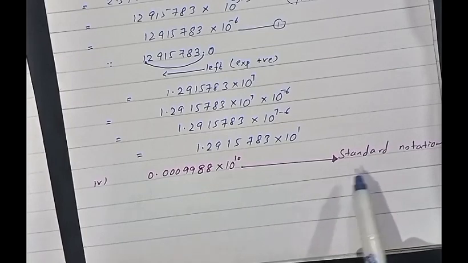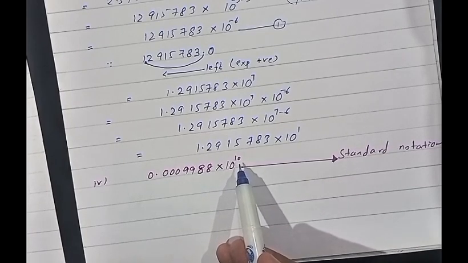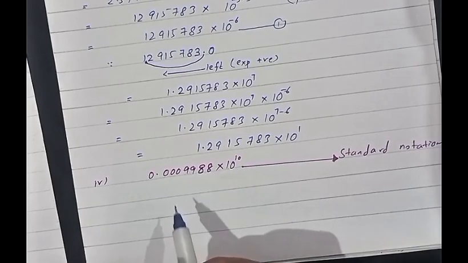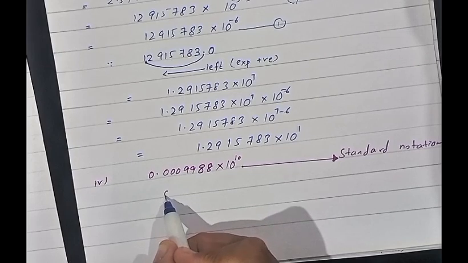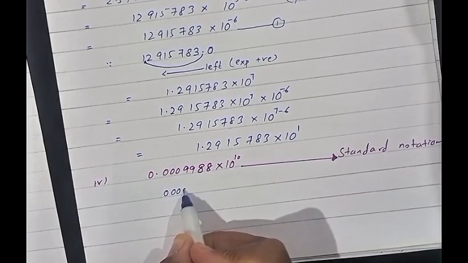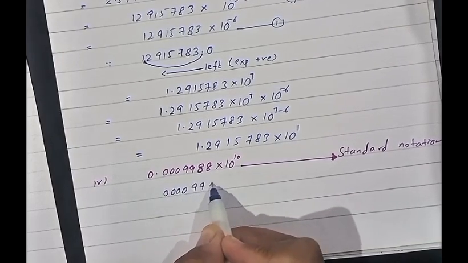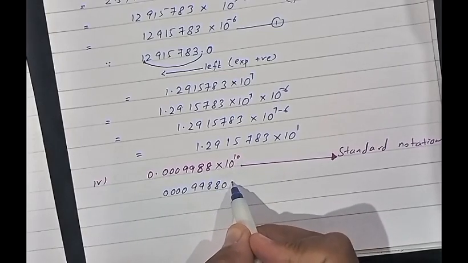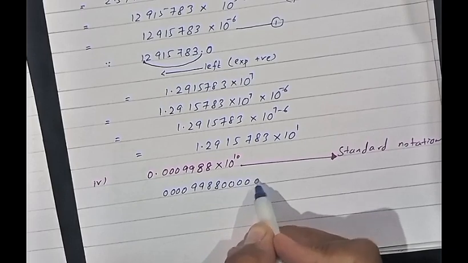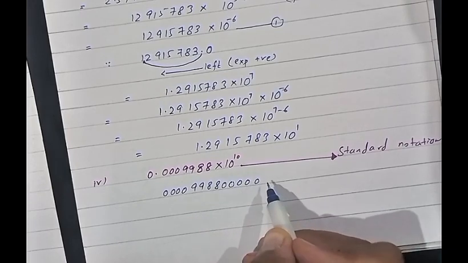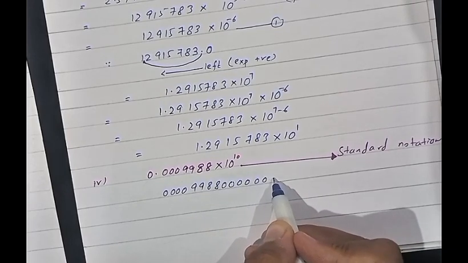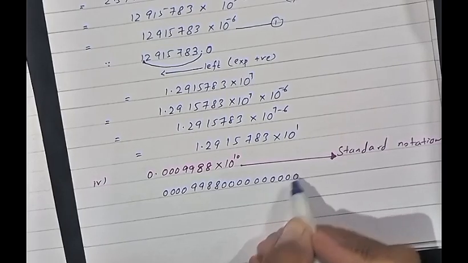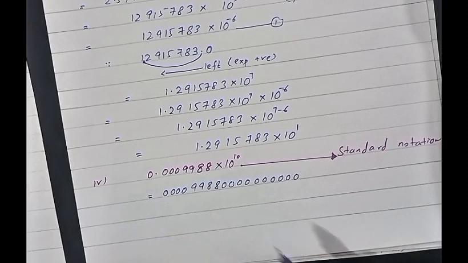In question number 4, there is a number given in scientific notation and we have to convert it into standard notation. As we know that the exponent is positive, we add zeros to the right side of the number. So we add zeros here, 1 2 3 4 5 6 7 8 9 10.